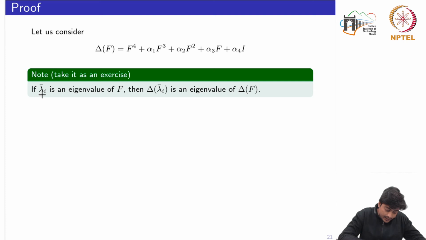So if lambda I bar is an eigenvalue of this matrix F, then delta of lambda I bar is an eigenvalue of this matrix. So this you can take it as an exercise for a generic n-dimensional system, but we can see through one example how this statement is true.